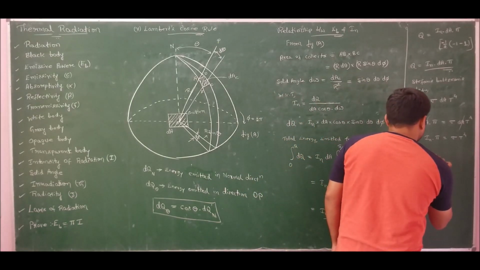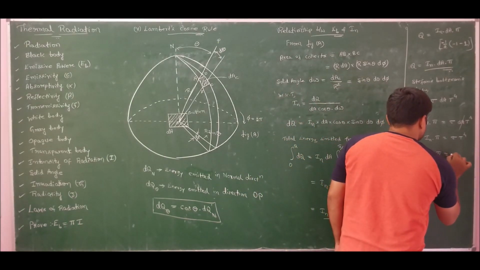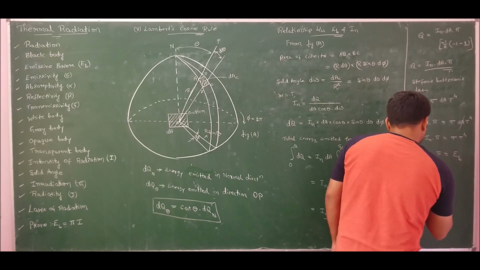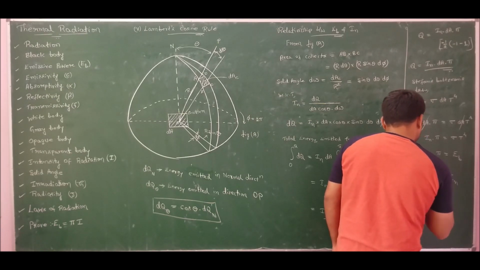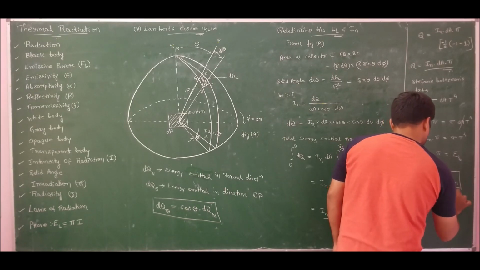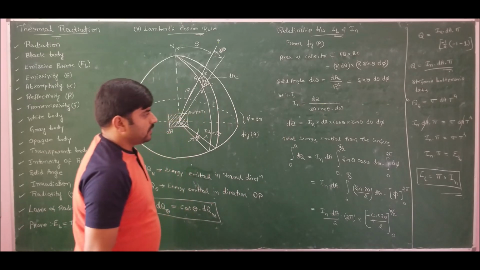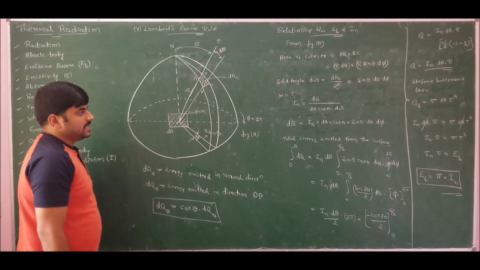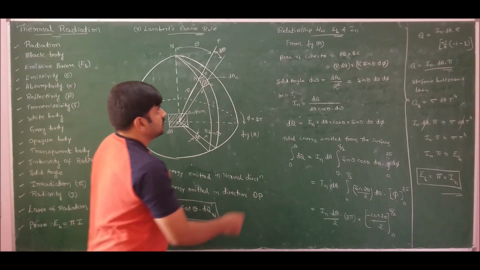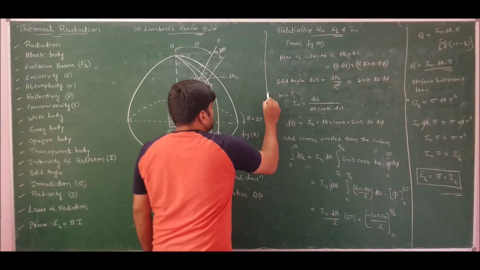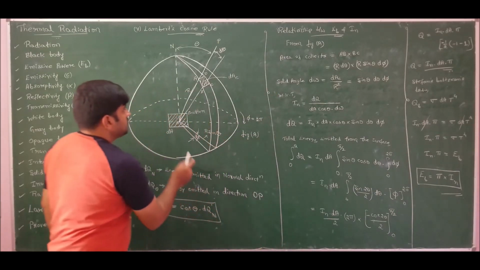Hence I can write intensity times pi is equal to the emissive power of a black body. So emissive power Eb is pi times the intensity of radiation. So we have proved that the emissive power of a black body is pi times the intensity of radiation. This is the relationship between the emissive power of a black body and intensity of radiation.